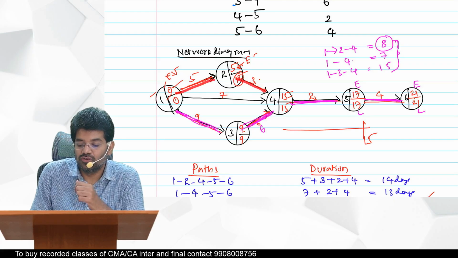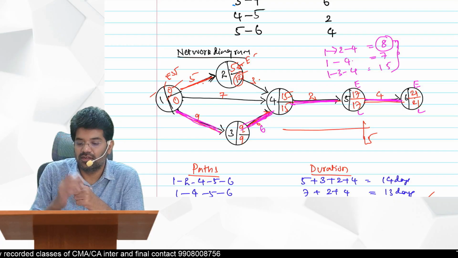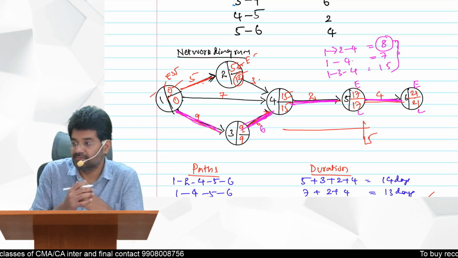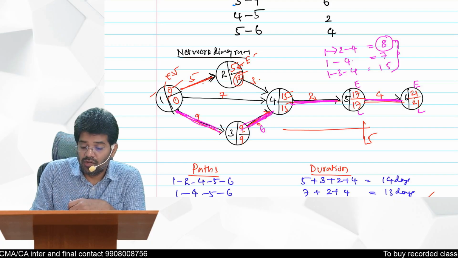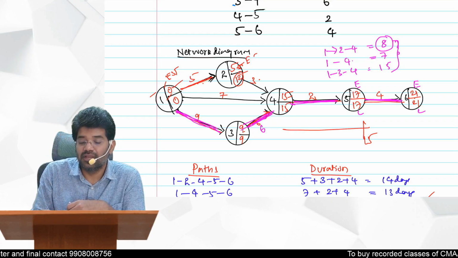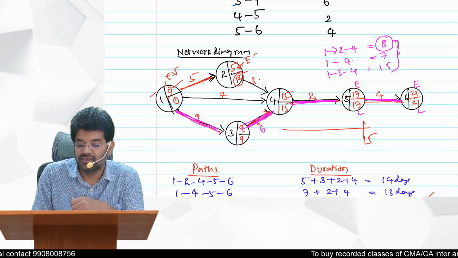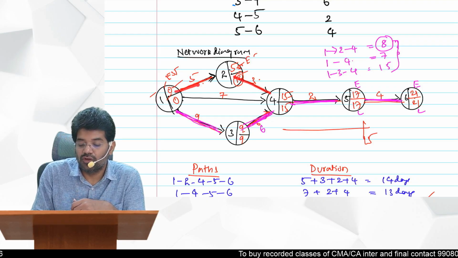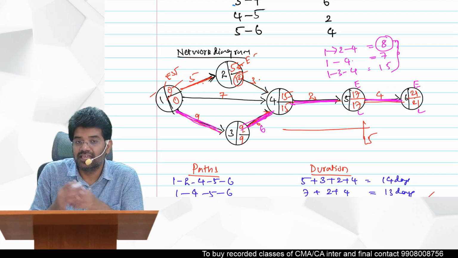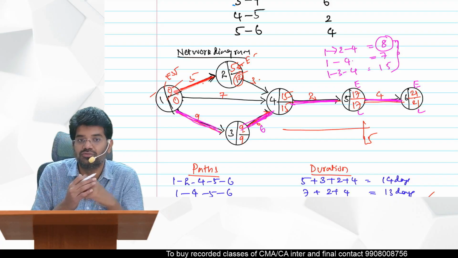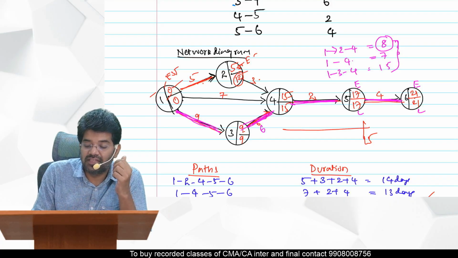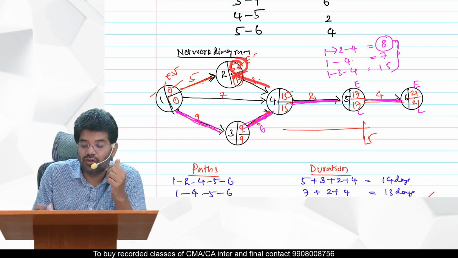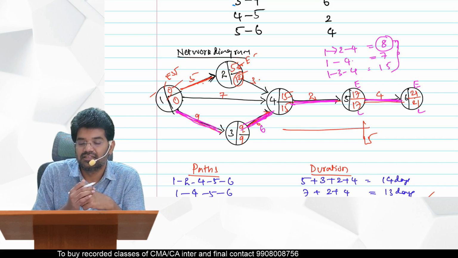In this 1 to 2, 2 to 4 we have a float, yes. But the thing is, 1 to 2 if you use that, how many days do you have? 7 days float you have, no? Either you can use it for 2 to 4 or 1 to 2, I told you already. But if you use it for 1 to 2, what will happen? That will affect the earliest start time of 2 to 4, yes.